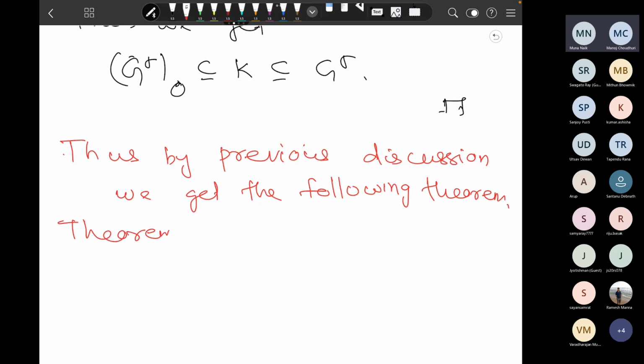This is an important theorem. So let M be a Riemannian symmetric space.